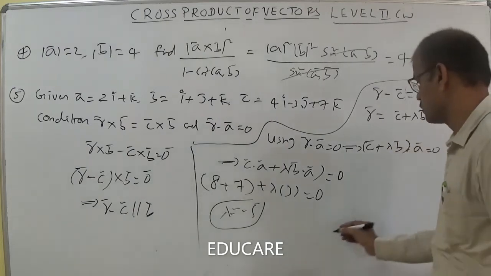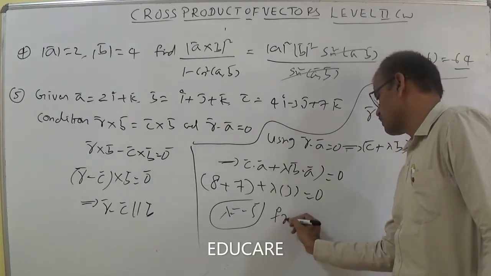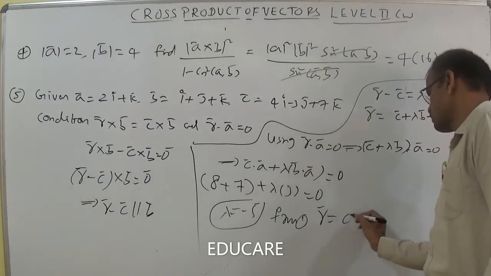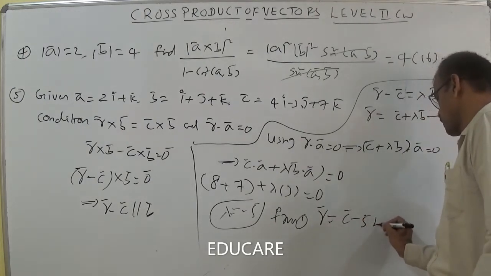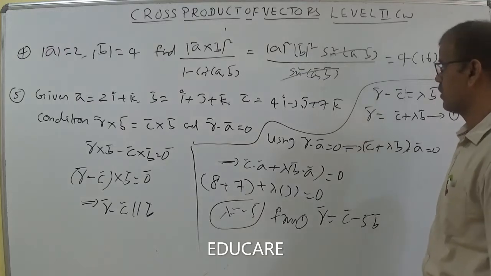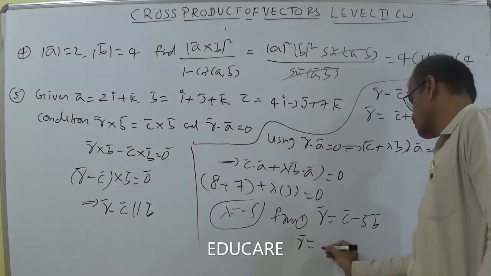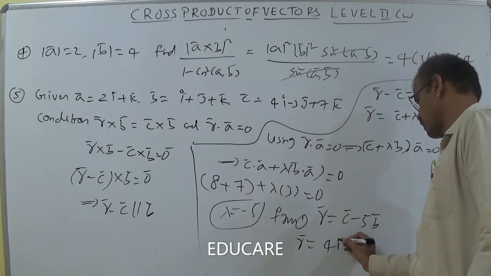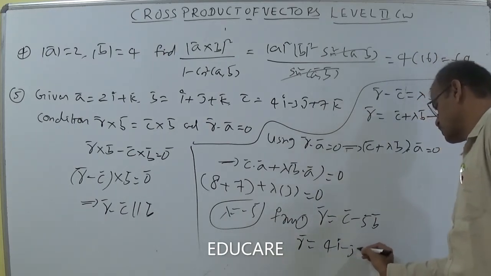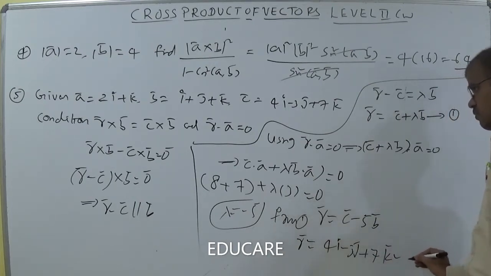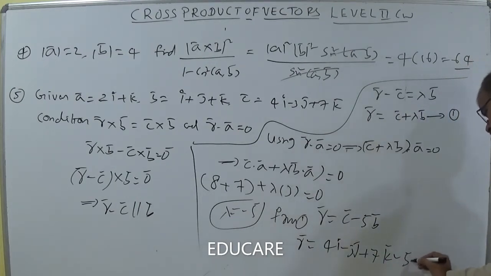Substitute the value lambda is equal to minus 5 in equation 1. From 1 I am writing r bar is equal to c bar minus 5b bar. So what is the value of c minus 5b? So r bar is equal to c, here 4i minus 3j plus 7k, minus 5b, minus 5i minus 5j minus 5k.